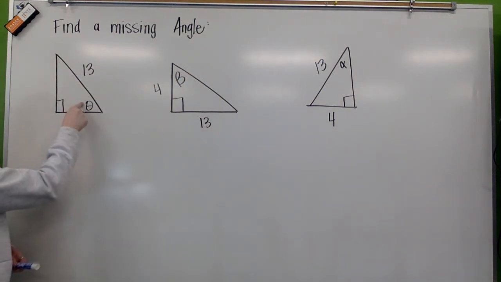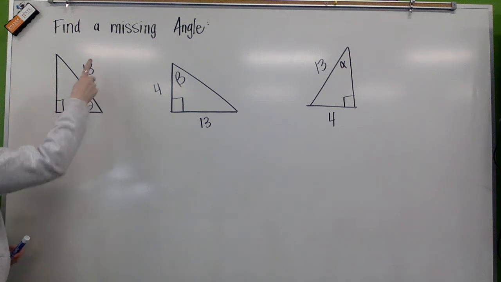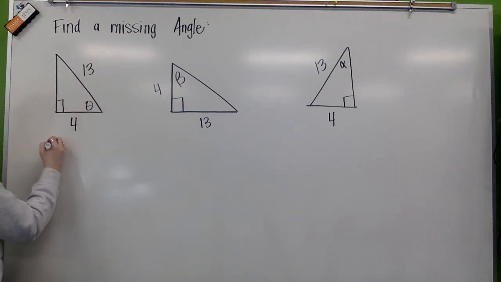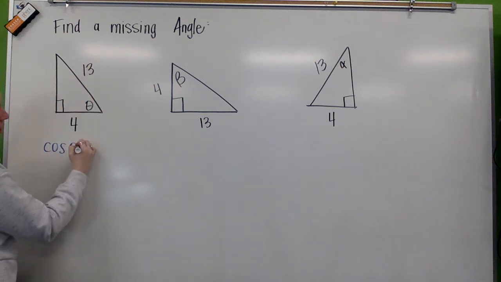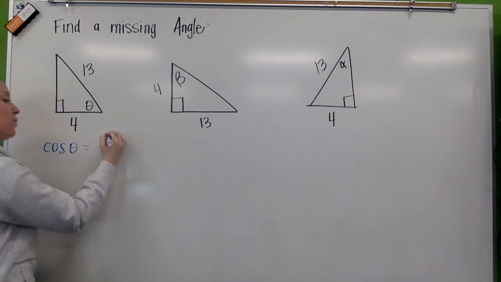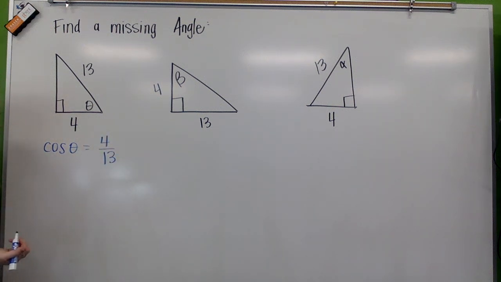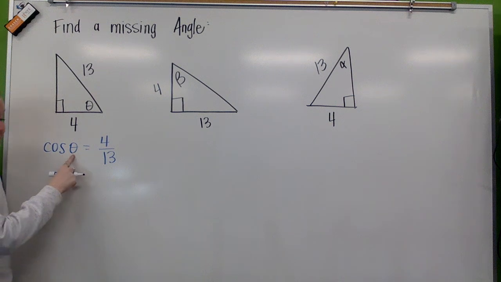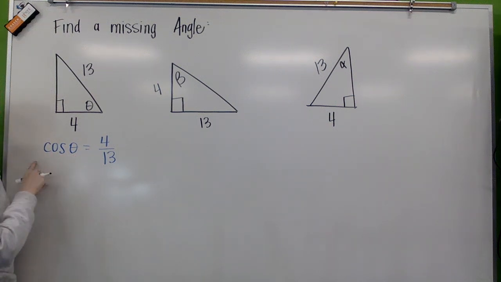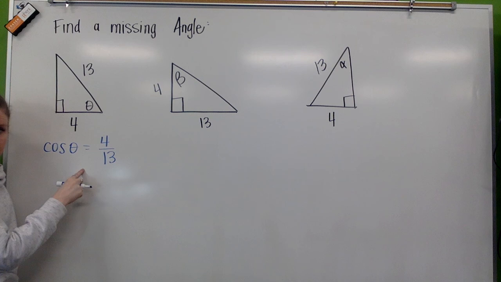Based off of my angle, I know the adjacent and hypotenuse, which means this is going to be the cosine of theta equals 4 over 13. So here, again, our goal is to isolate our variable. So somehow we have to undo cosine. That means we're going to use what is called the cosine inverse.